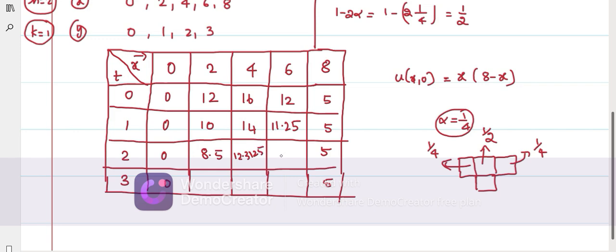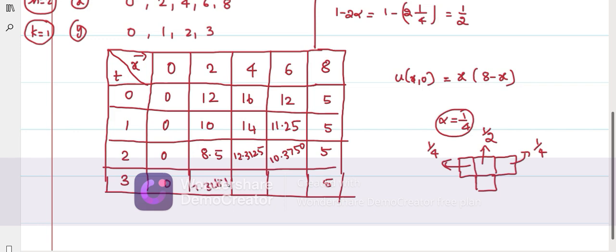To find this value, again 1 by 4 into 14, that is 14 by 4, plus 11.25 divided by 2 plus 5 by 4, which is 10.3750. Then 1 by 4 into 0, 1 by 2 into 8.5, plus 12.3125 divided by 4, which is 7.3281.